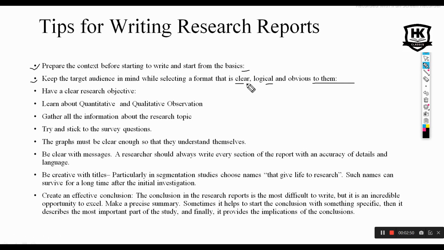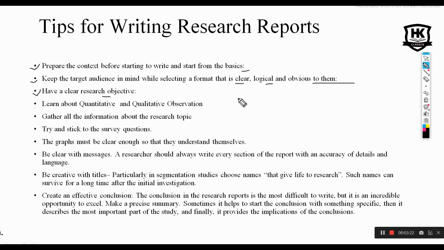The third point is to have a clear research objective. This is very essential: while preparing a research report, you have to have a clear objective. Objective means what you want to do, what you want to achieve. Suppose I take an example of marketing of store retailing, or a shopping complex, or a departmental store.